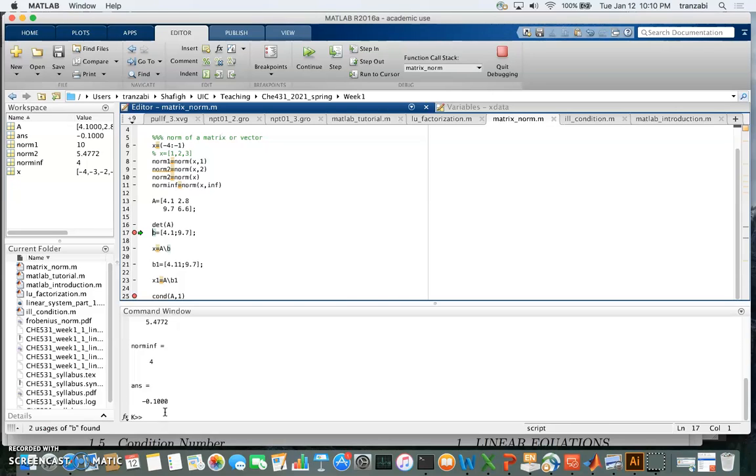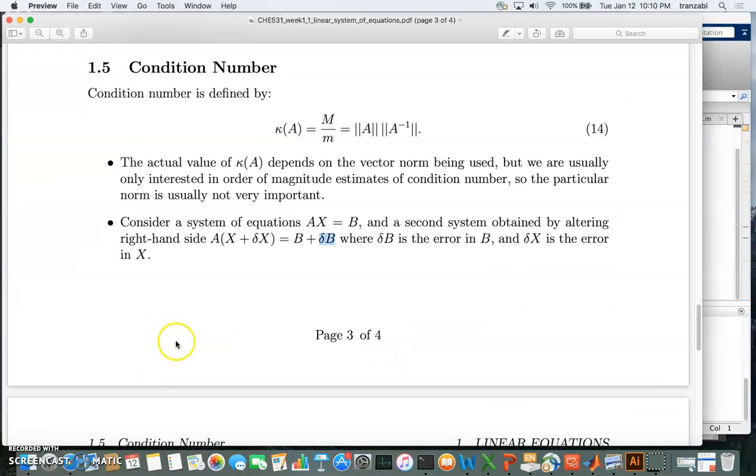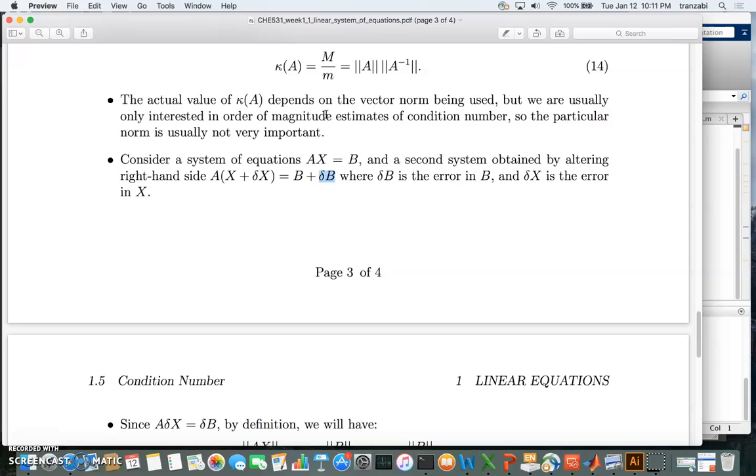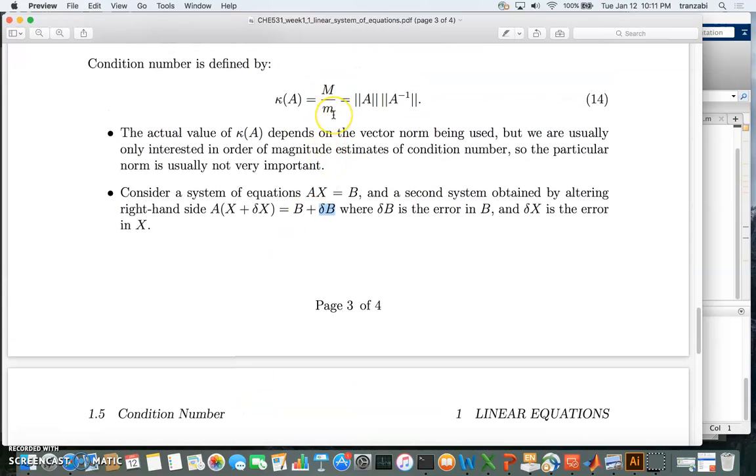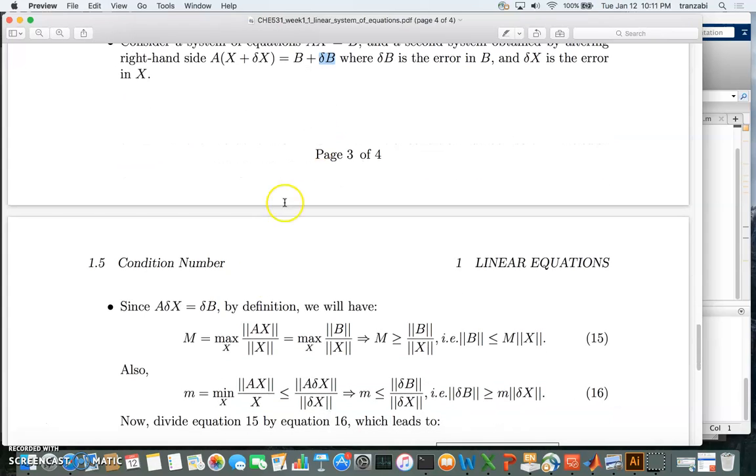The tool for looking at the sensitivity of a linear system with respect to perturbation is called the condition number. So let's look at what the condition number is. By definition, it is capital M over little m, where capital M is the maximum of the norm of A times X divided by the norm of X, over all X's.